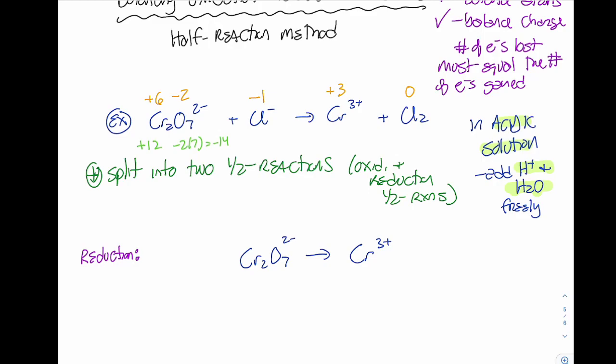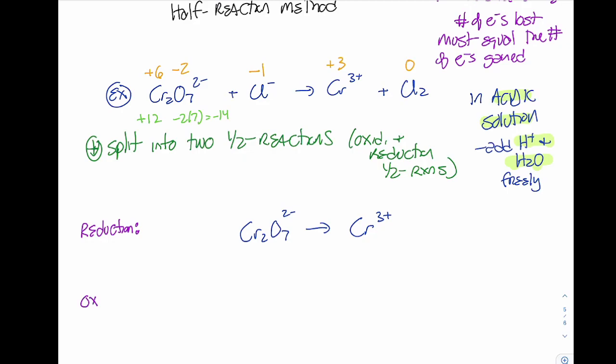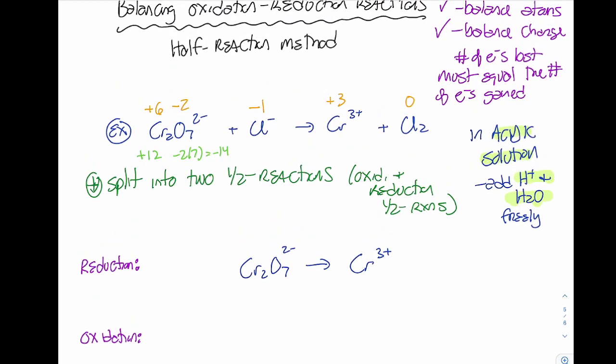Right, so chromium is going from +6 to +3, it gained electrons. And then my oxidation is going to be my chlorines, right? It's going from -1 to 0, became more positive, it lost electrons.